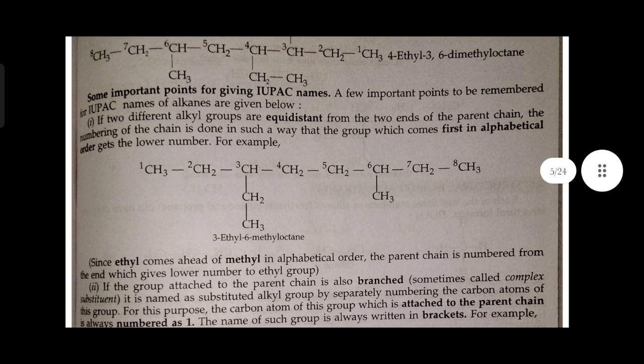Some important points for giving IUPAC names. A few important points to be remembered for IUPAC names of alkanes are given as: first, if two different alkyl groups are equidistant from the two ends of the parent chain, the numbering of the chain is done in such a way that the group which comes first in alphabetical order gets the lowest number.